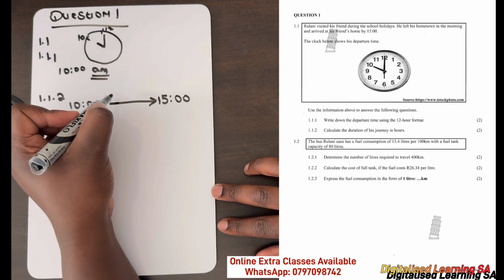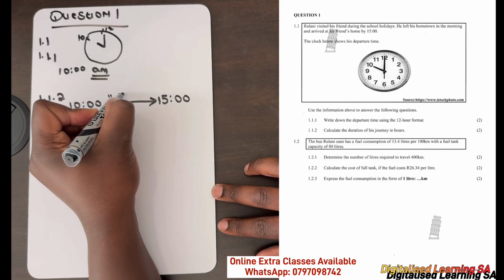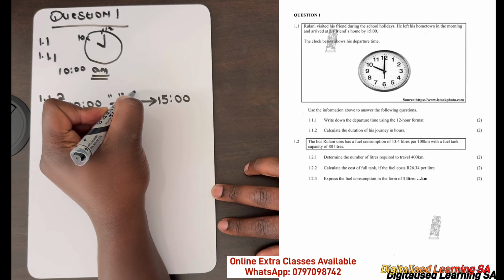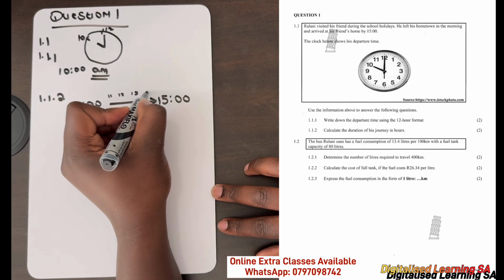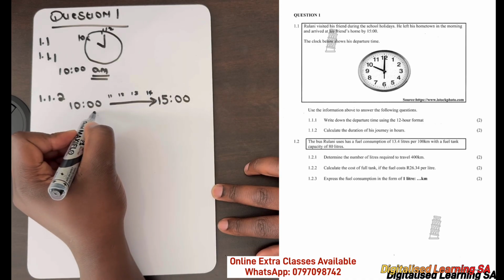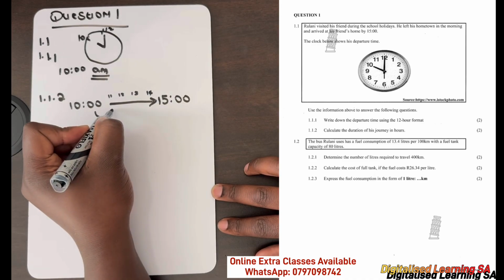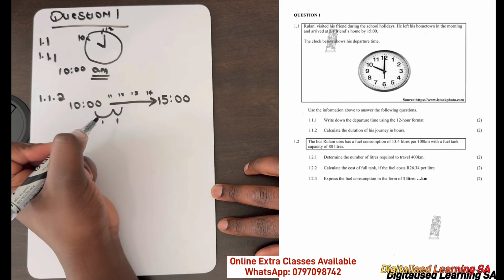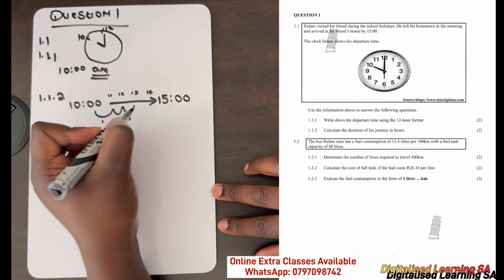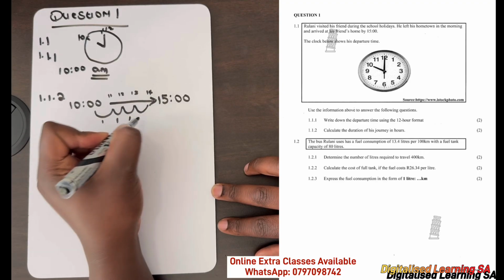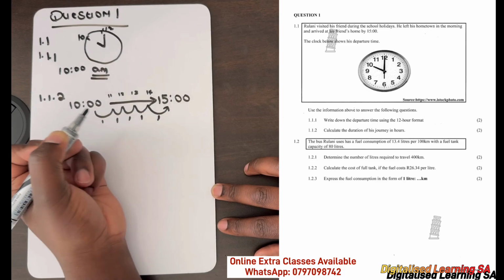So we can see that in between there's 11, there's 12, there's 1, and there's 2. From 10 to 11 is 1 hour, from 11 to 12 is another hour, from 12 to 1 is another hour, from 1 to 2 another hour, and from 2 to 3 is another hour.